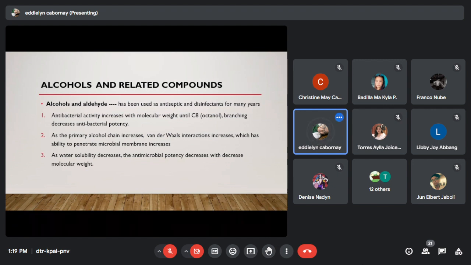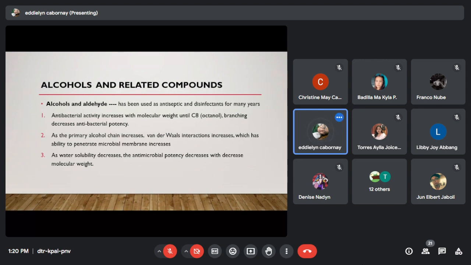First, antibacterial activity increases with molecular weight until carbon 8, the octanol; branching decreases antibacterial potency. As the primary alcohol chain increases, van der Waals interaction increases, so the ability to penetrate the microbial membrane increases. The weaker van der Waals forces brought about by branching mean they do not penetrate bacterial cell membranes as efficiently.